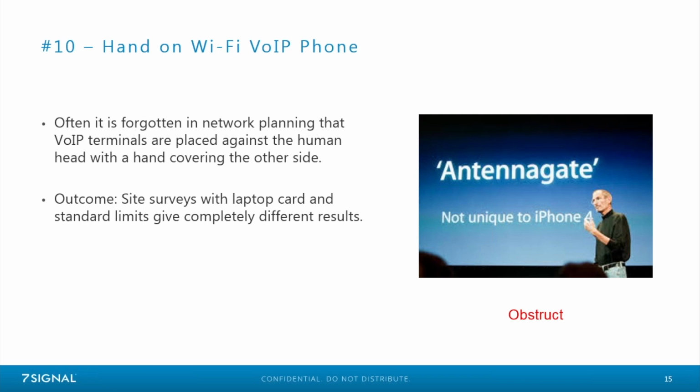Sometimes a big offset, like a voice over Wi-Fi handset might be 10 dB less sensitive than a site survey rig. If you can apply that to get a rough idea in your design of what that client will see, that's really helpful.